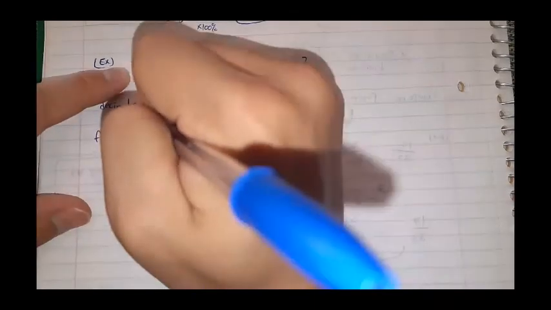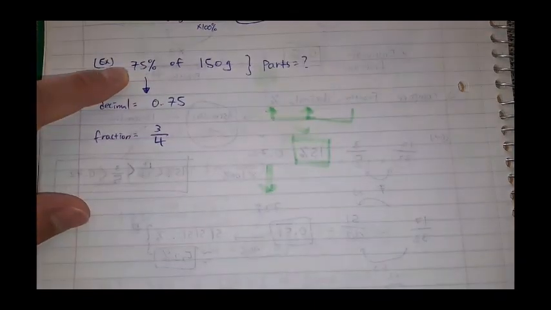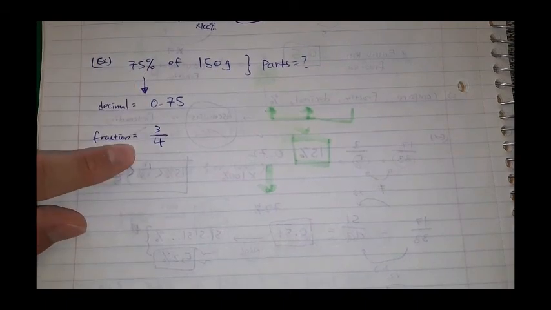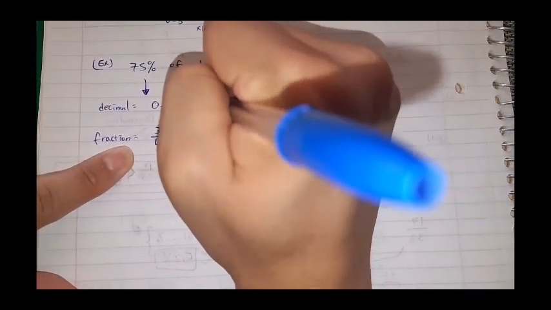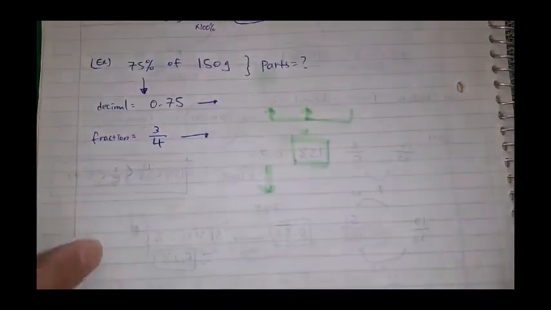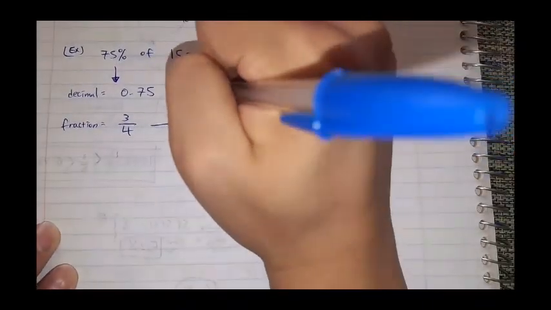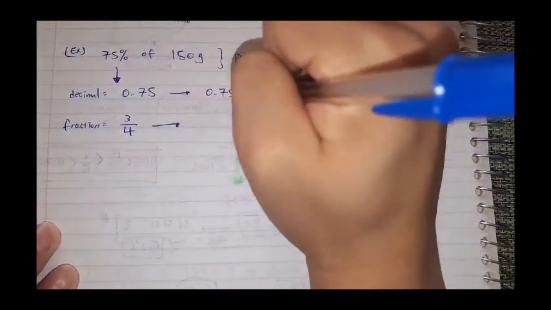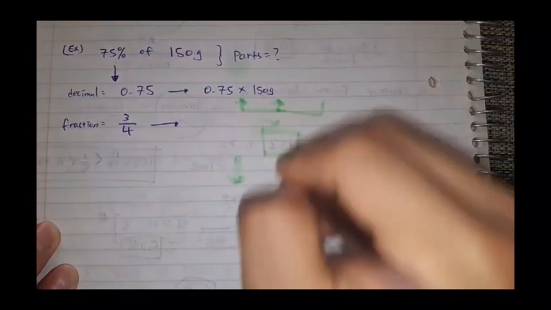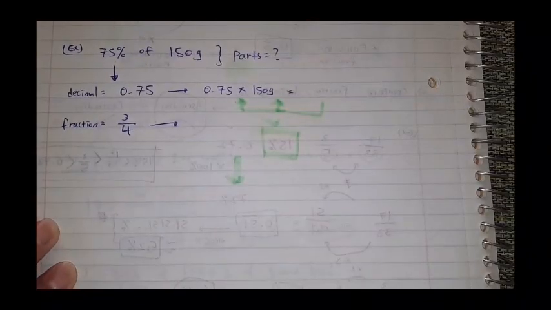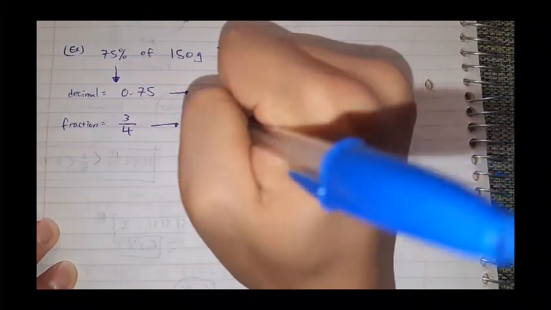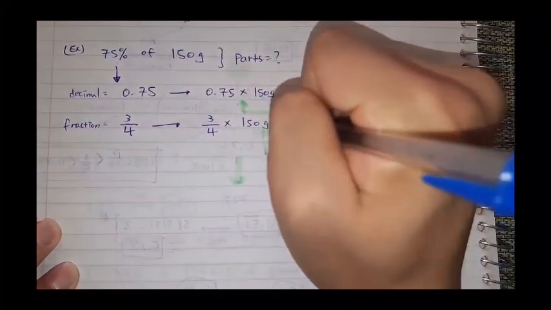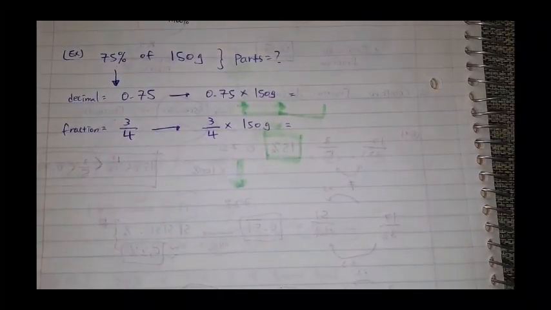So that means it's 3 over 4. It doesn't matter which one you use, but if you use decimal, you gotta do 0.75 multiplied by 150 grams. That will give me my parts. If you do fraction, 3 over 4 multiplied by 150 grams, that will give me my parts.